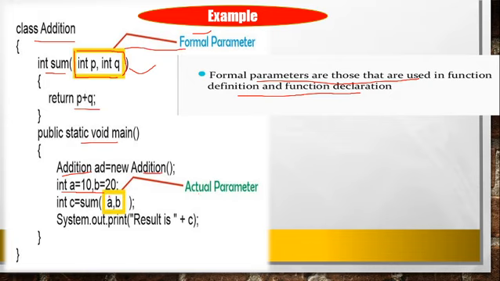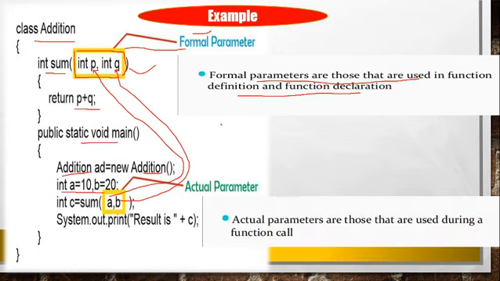Because the value of a is 10 and 10 will be directly stored in the p, and the value of b will be stored in q. So actual parameters are those that are used during a function call. The parameter which is used at the time of calling the function is called actual parameter.